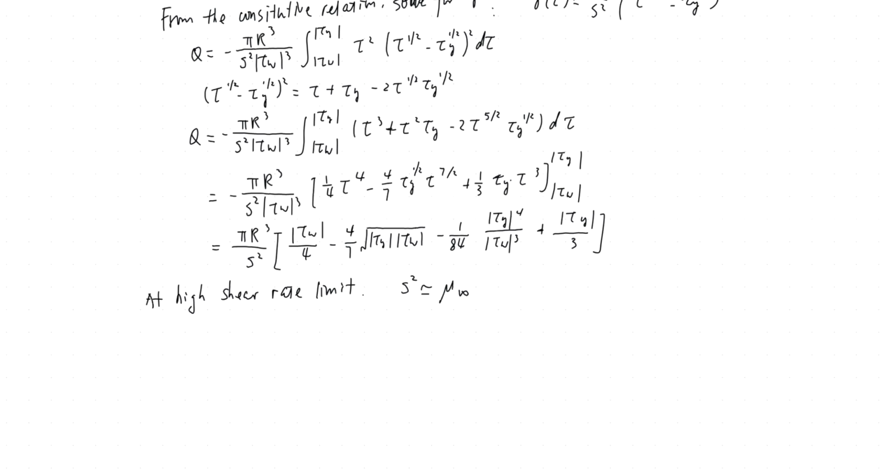So we substitute this relation into the Q. We get Q equals pi R cubed, with S squared replaced by mu infinite, as a subscript. And we can also take out the tau_w.